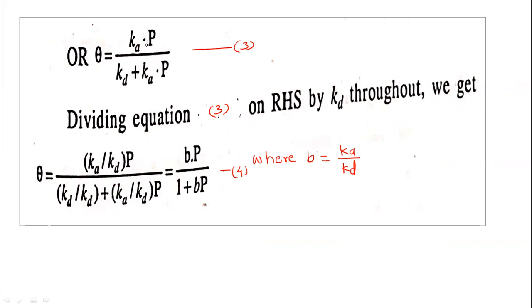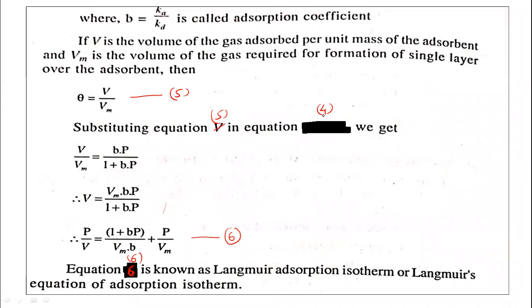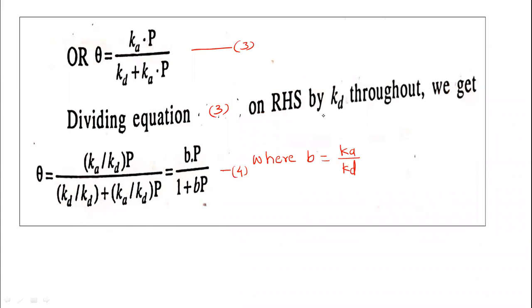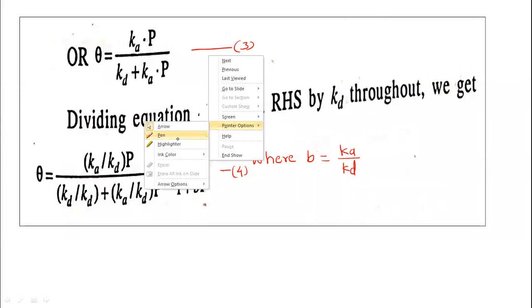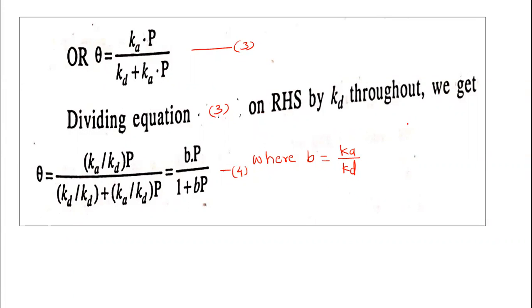Now dividing the RHS by Kd, both the numerator and the denominator, we can write the next step: theta is equal to Ka upon Kd into P divided by 1 plus Ka upon Kd into P. Here Ka is a constant and Kd is also a constant, so a constant divided by a constant is another constant.